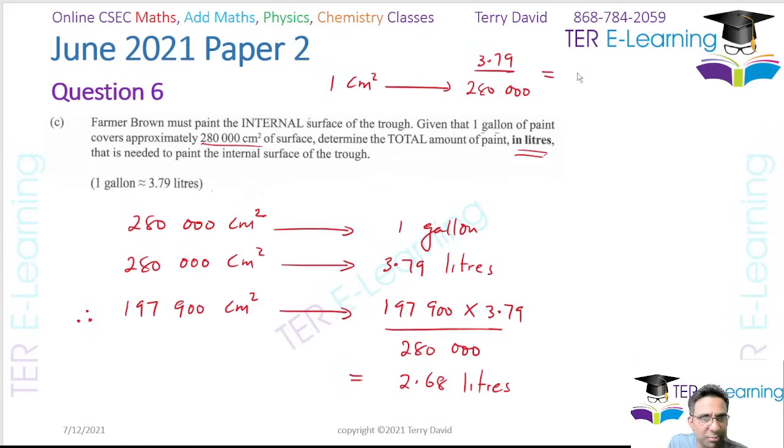You're going to get a really small number, 0.0000135 liters. And then all you would have had to do is take that number and multiply by the 197,900. So my answer here is 2.68 liters.